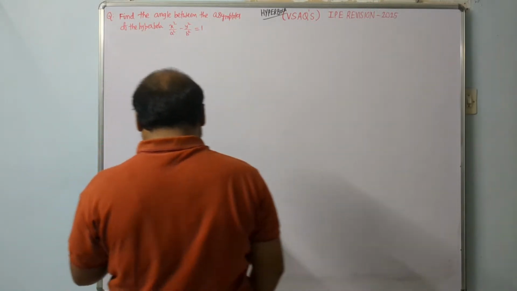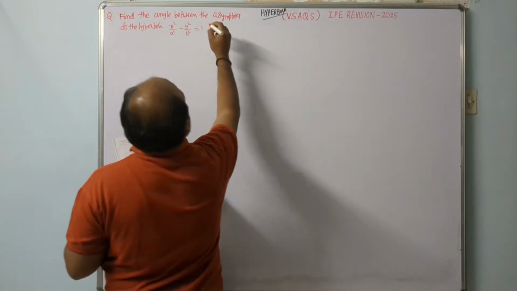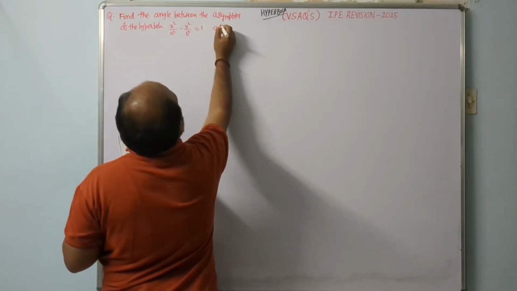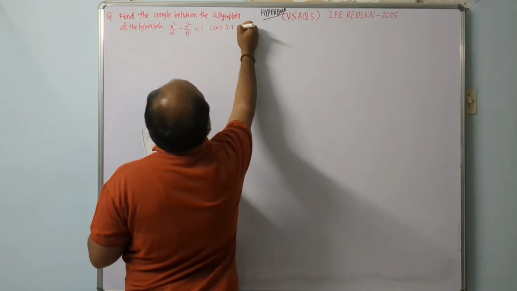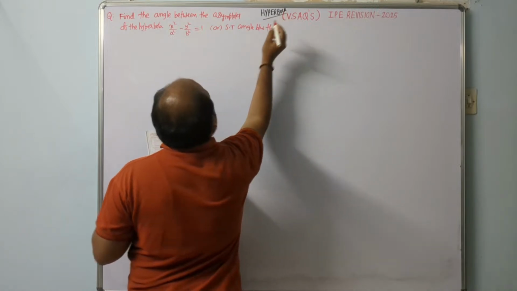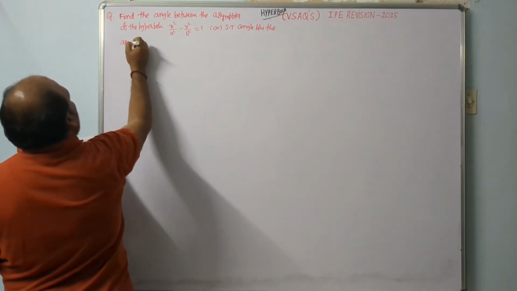This is the question. Sometimes they are asking to find the angle or show that the angle between the asymptotes of the hyperbola.